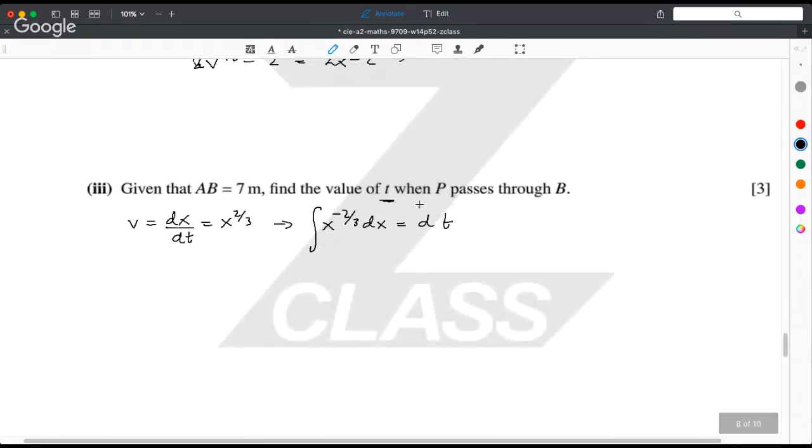So when time is equal to 0, x is equal to 1 because it starts at A, not at O. And at some later time, it is time t seconds, and the value of x when it passes B is 7. So if we integrate this, we have x to the 1/3 times 3. You just add 1 and then divide by the appropriate thing, so divide by 1/3, between 1 and 7 is equal to t between 0 and t. And this will give you that t is equal to 3 seconds.